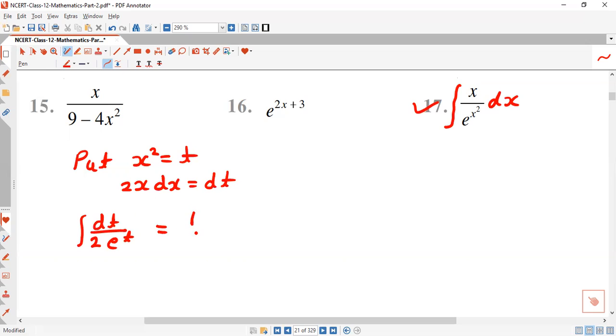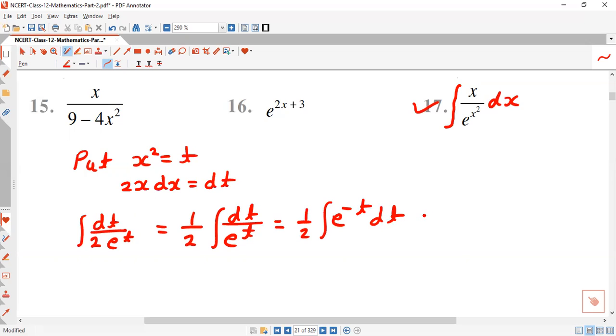So simplify this one: 1 by 2 taken outside, dt upon e raised to t. Or you can say 1 by 2, taking the e raised to t upper side, e raised to minus t dt. That's integration. We are getting half e raised to minus t upon minus 1 plus some constant c.